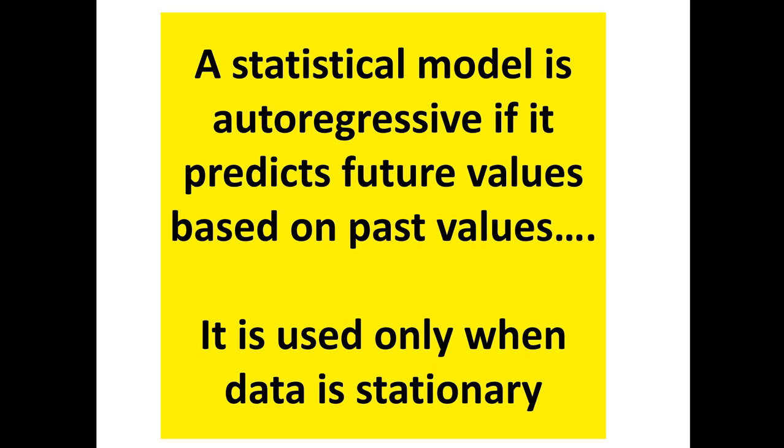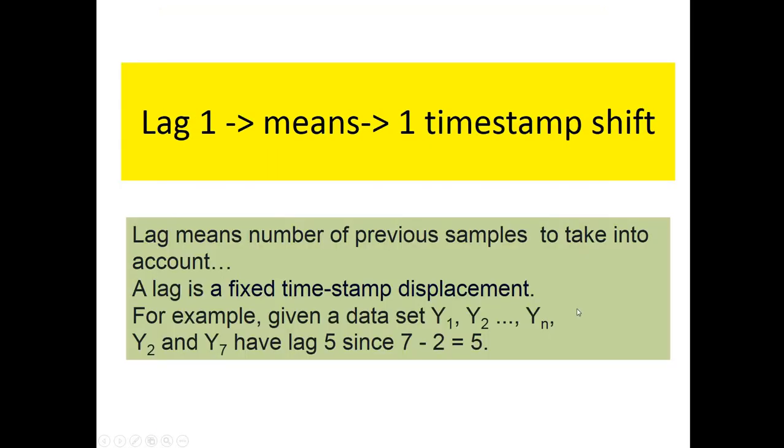To make data stationary, we have to go through the earlier two videos. If you have not seen that, please go through it, to see how to make the data stationary. Now, what is the meaning of lag? Lag 1 means one timestamp shift backwards.